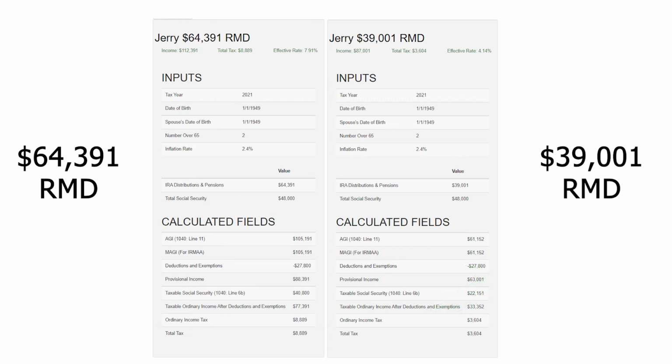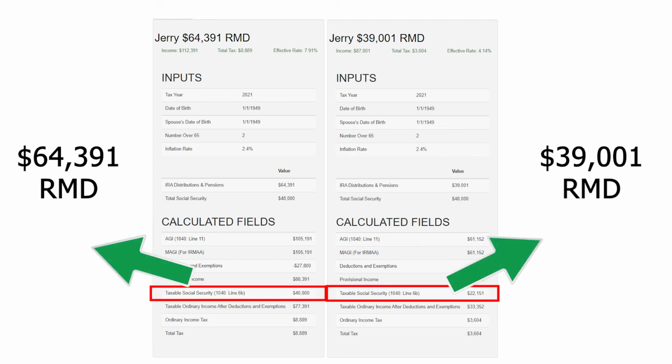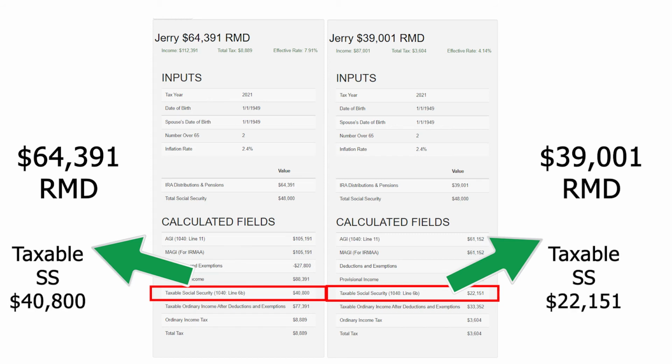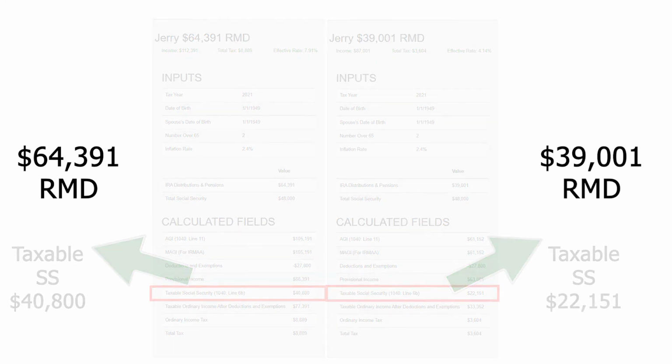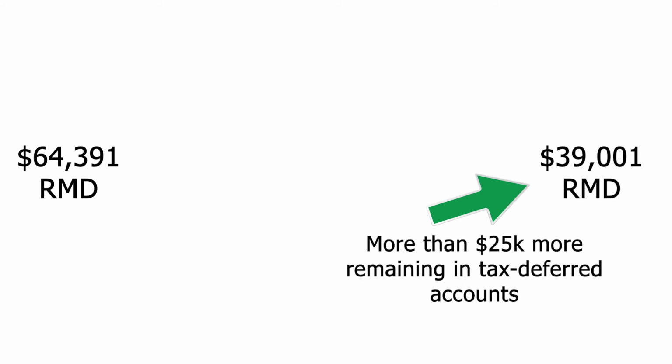And pay particular attention to their Social Security. Notice that with the larger required withdrawal, more of Jerry and Ginny's Social Security becomes taxable. Keep in mind, too, that due to the smaller required withdrawal, there is over $25,000 more retained in tax advantage savings.